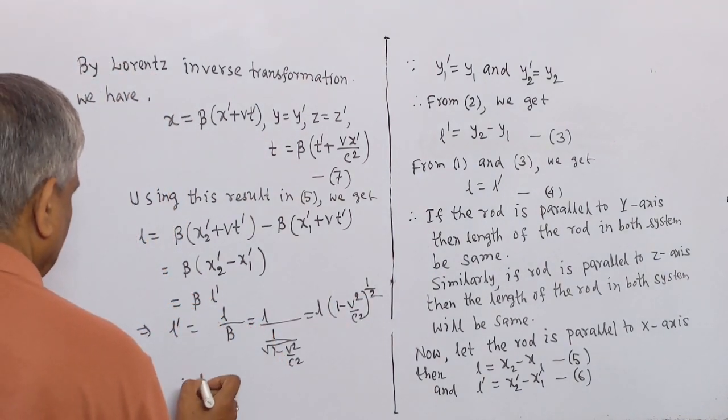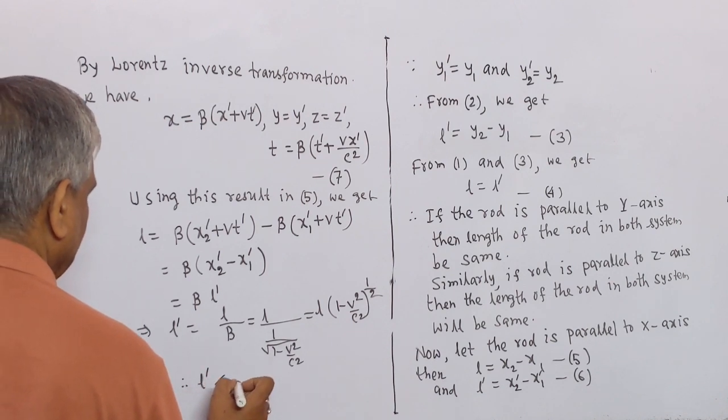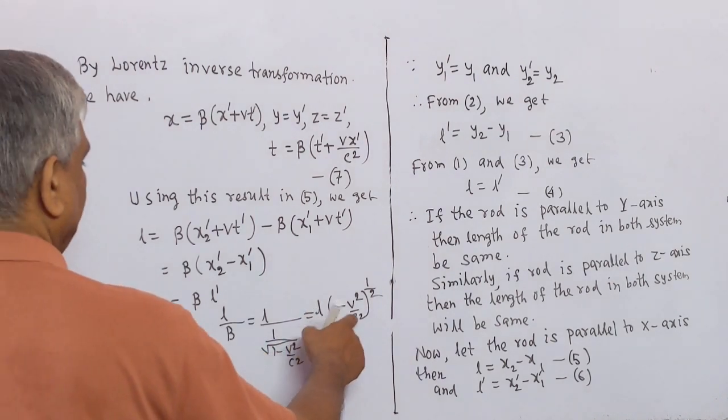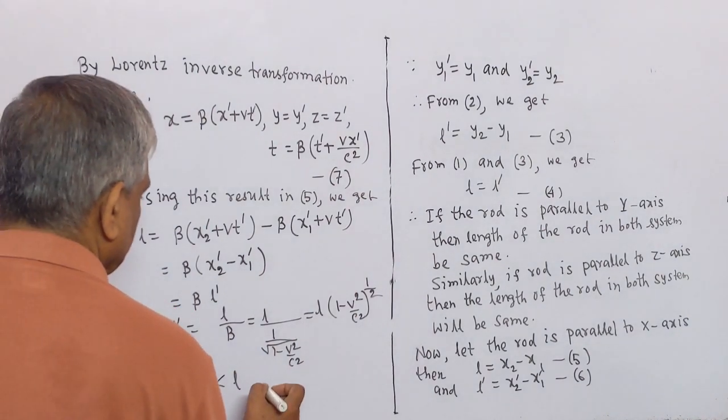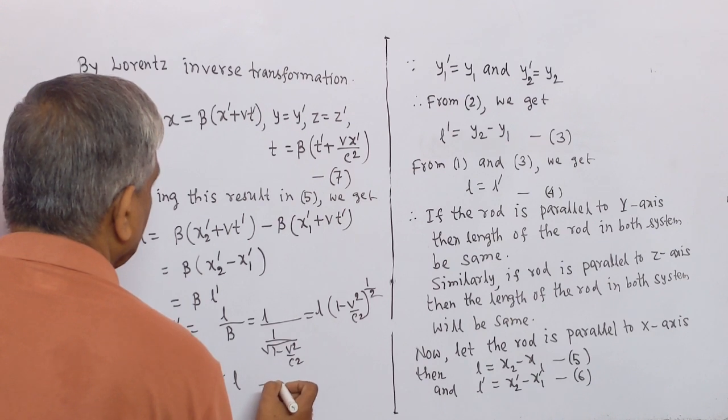Therefore, L prime is less than L, using binomial expansion. This is number 8.